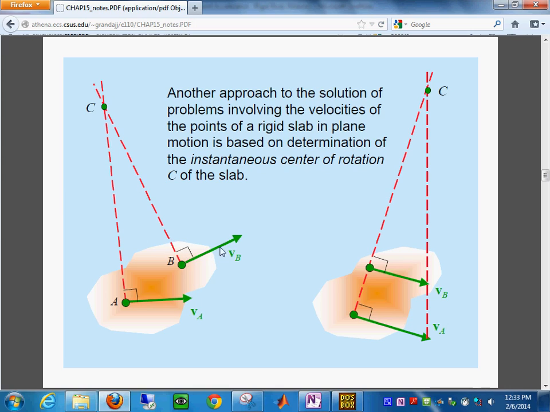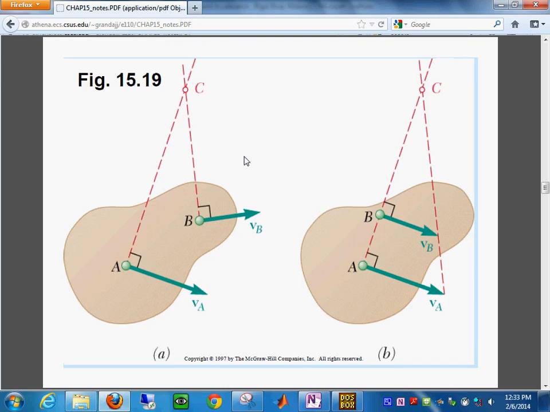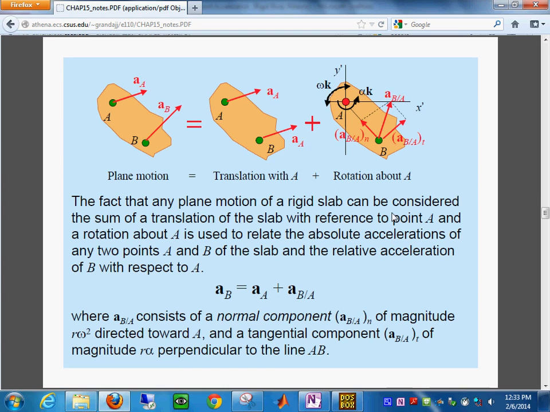At every instant of time, if you take two velocities on the rigid body and draw a perpendicular to each, you're going to find this point C, which is the instantaneous center of rotation. Okay. There's another way of finding the point C with different velocities, or if the velocities are parallel, it becomes much easier. The point C is on the perpendicular to both of those.